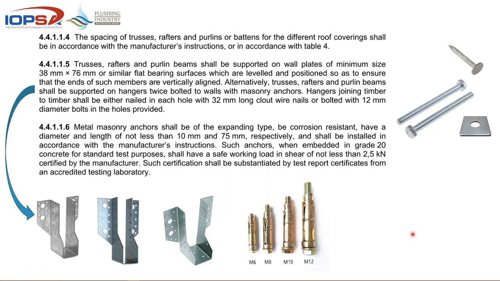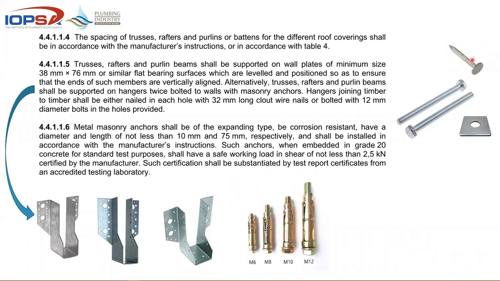The spacing of trusses, purlins or battens for the different roof coverings shall be in accordance with the manufacturer's instructions or in accordance with table 4. So there's a set guideline on how to use it, and we'll get to the plumber's version of that. Very important, you'll see that all of these truss hangers, reinforced brackets, bolts, anything that you use on a roof, it is very clearly defined.